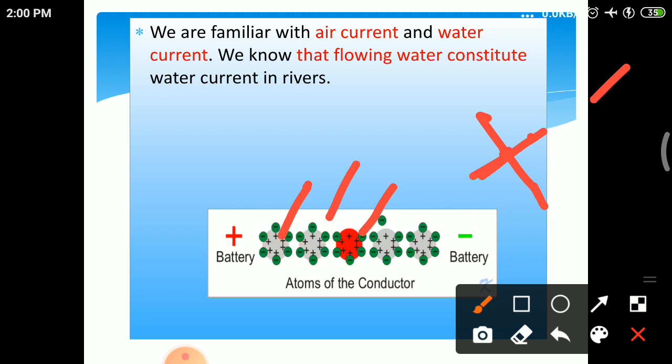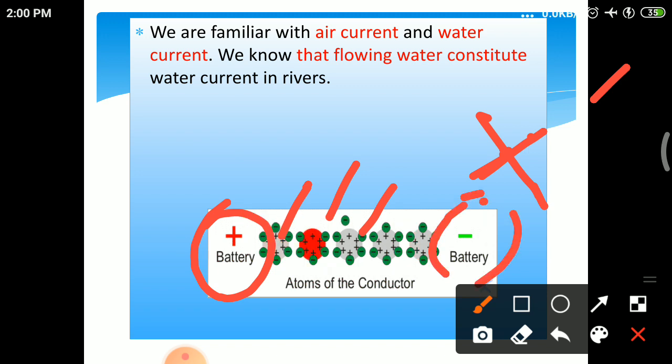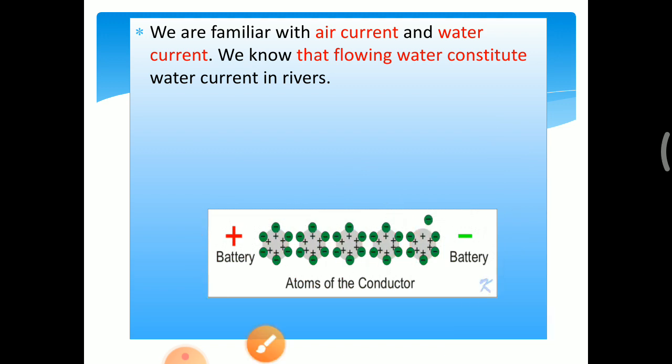So here I connected the battery's positive and negative terminals. When I connect the conductor to the battery, the electrons move from one atom to another atom. Look at this animation.